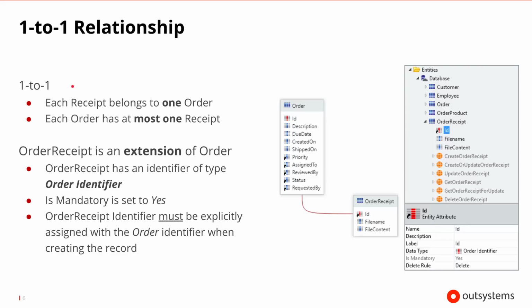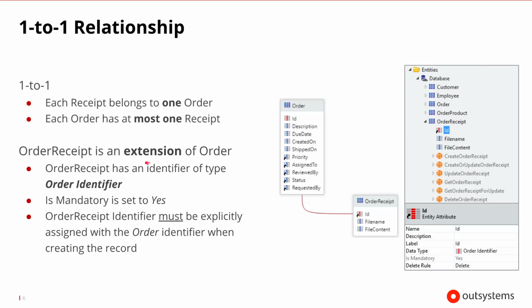So one type of relationship is a one-to-one relationship. So in this case, as an example, a receipt can belong to one order, and each order should have at most one receipt. So if you think about this, if we have an order and someone wishes to get a receipt for that order and we wanted to see that receipt, then it would make sense that the order's identifier and the order receipt's identifier would be directly linked, and they would be basically the same thing.